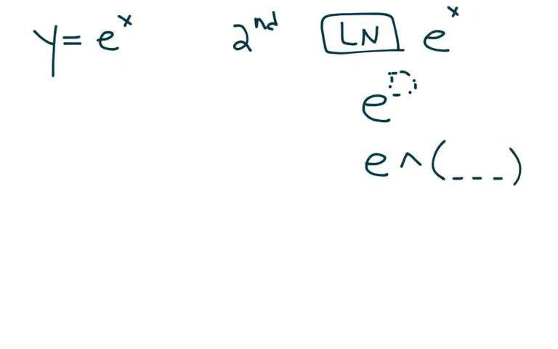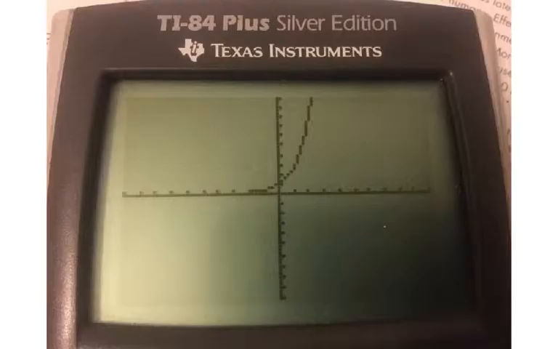What I want to look at real quickly is the graph of y equals e to the x. I want you to notice how similar it is to the graph of y equals 2 to the x. That's because it's an exponential growth equation, so the graph goes up from left to right, and all the same transformations for any other exponential functions would hold true for this.